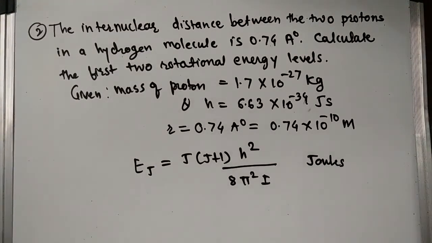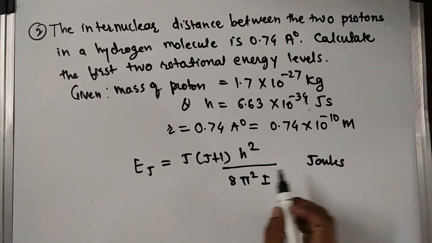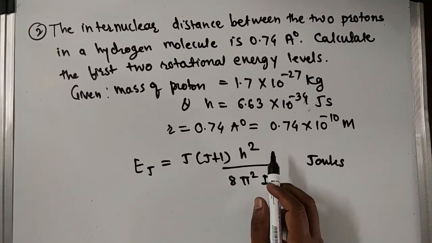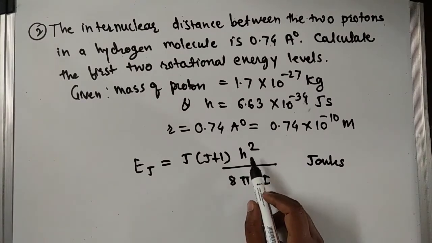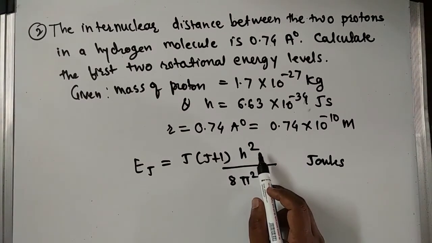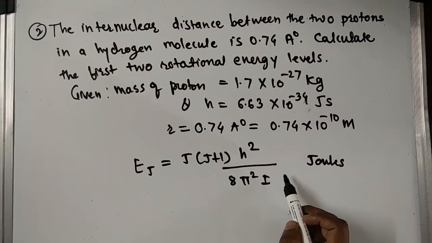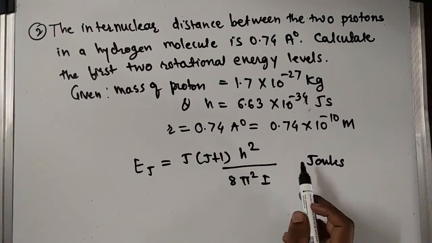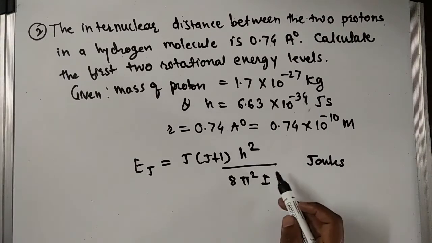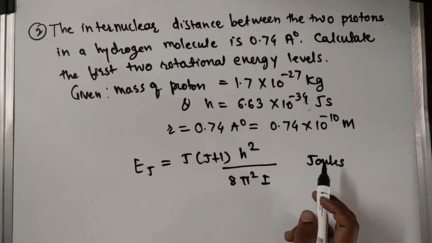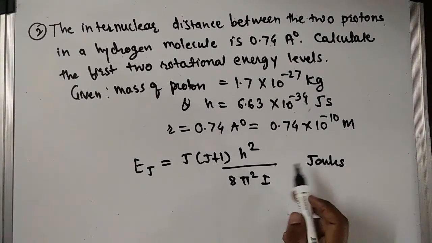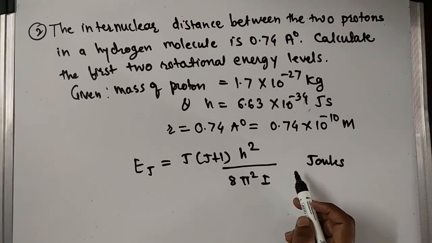When we have to calculate the energy in joule, we will write joule. If we want to convert into per centimeter unit, to calculate the wave numbers, we can divide this quantity by h into c.